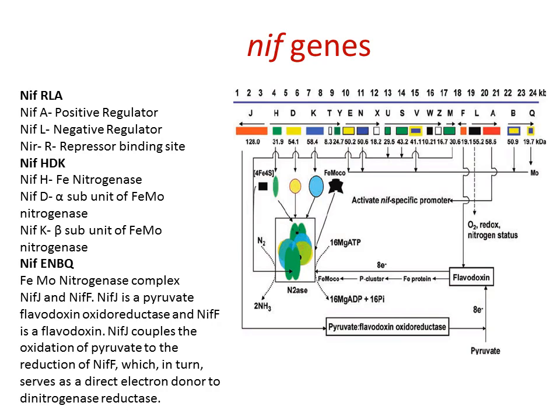There are some more genes called H, D, K genes. NIF H is the gene involved in the production of Fe nitrogenase. The role of H is the synthesis of Fe protein. You know, nitrogenase is made up of Fe protein, which is a dimer, and a tetramer called FeMo protein.